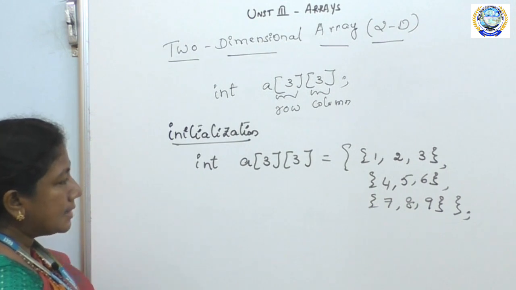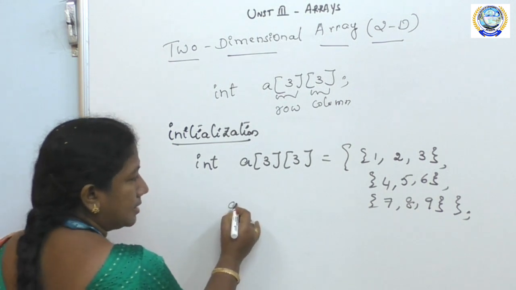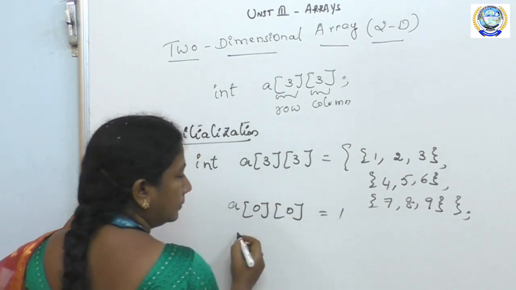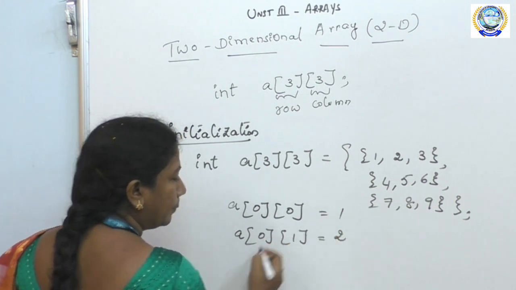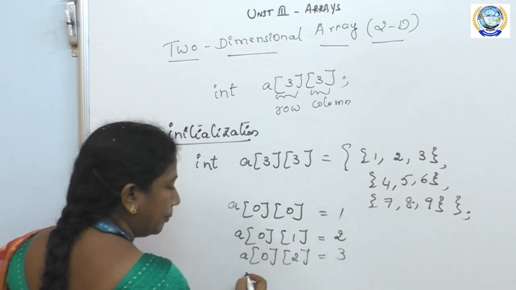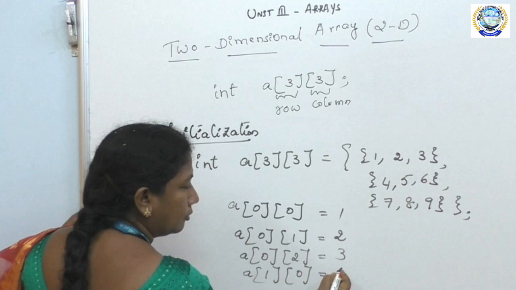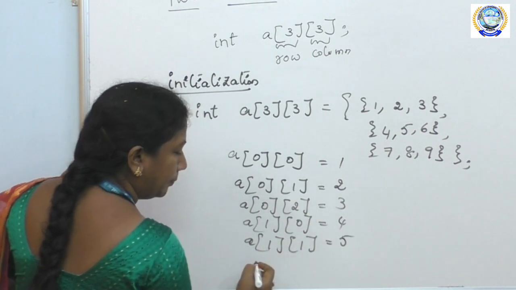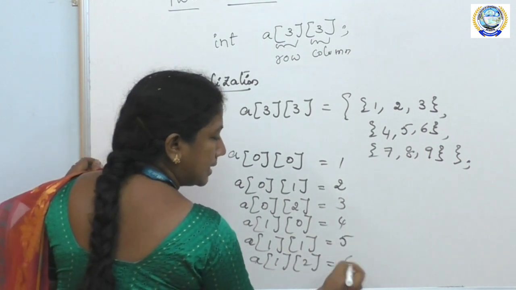The compiler will assign these values to the array locations as a[0][0] = 1, a[0][1] = 2, a[0][2] = 3, like a[1][0] = 4, a[1][1] = 5, a[1][2] = 6.